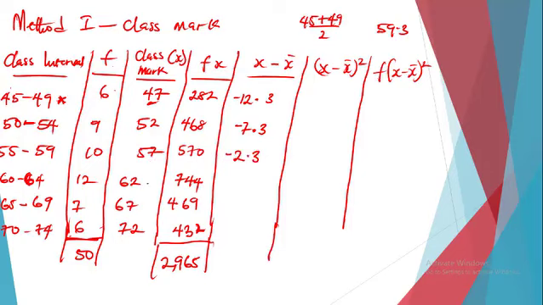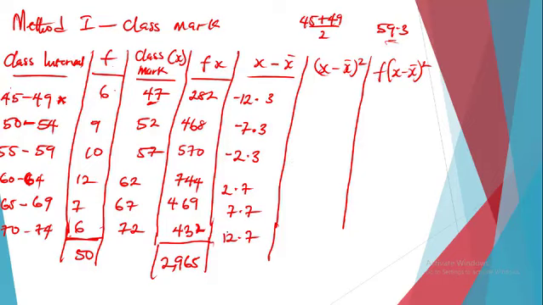Okay, we'll have 62 minus 59.3, that will give us 2.7. We'll have 67 minus 59.3, to give us 7.7. Then lastly, we have 72 minus 59.3, and that will give us 12.7.